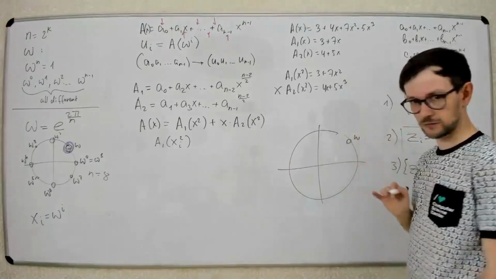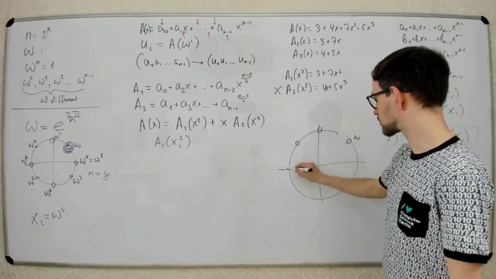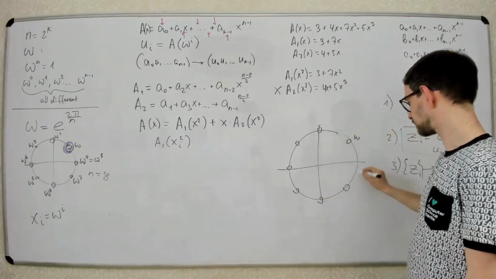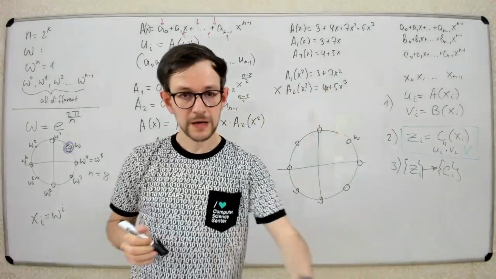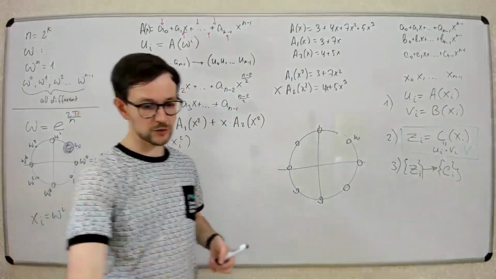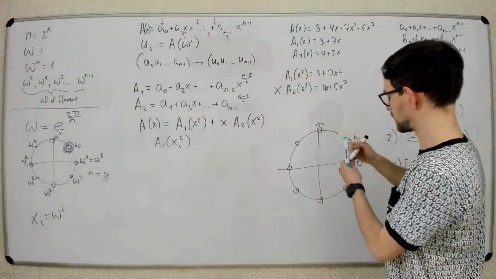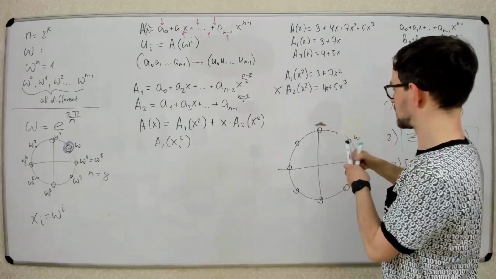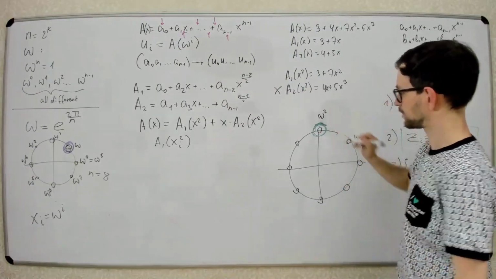So this is my W. These are all powers of my W. Now, if I calculate the square of W, this number is W squared, right?